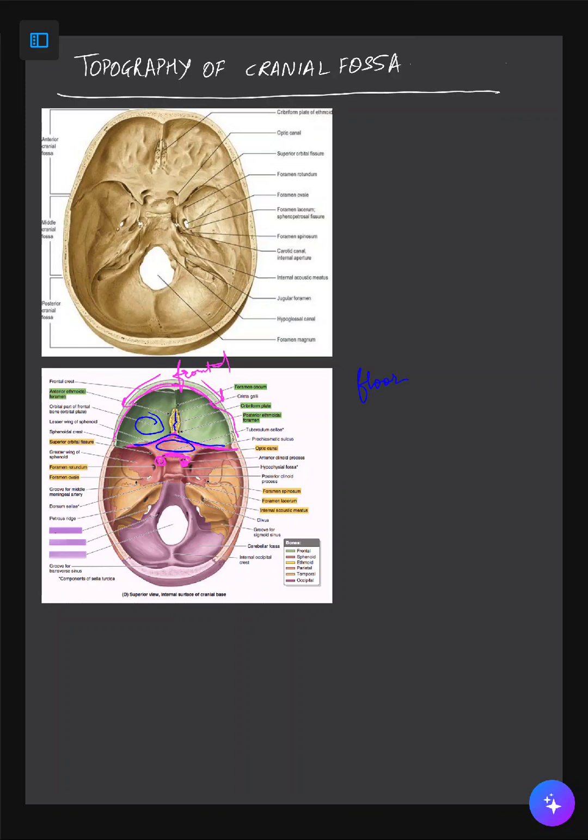Again, I would repeat it. Floor in the median plane: it is anterior and posterior. Anteriorly it is the cribriform plate, and posteriorly the superior surface of the anterior part of the sphenoid bone.